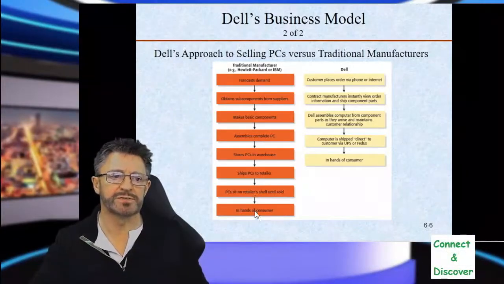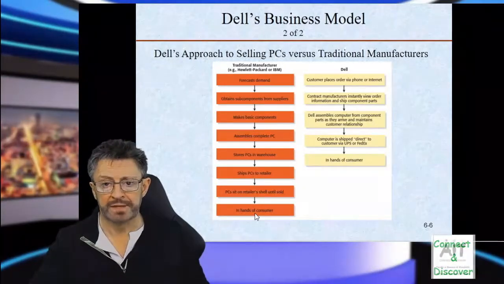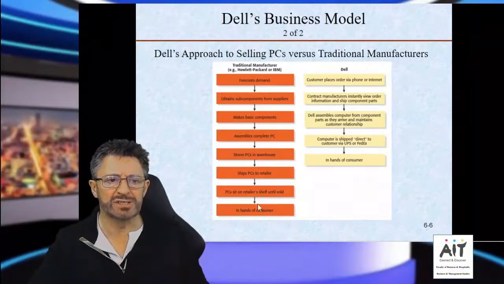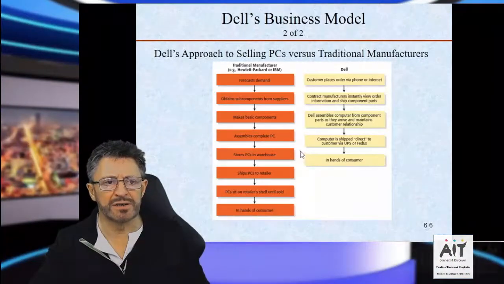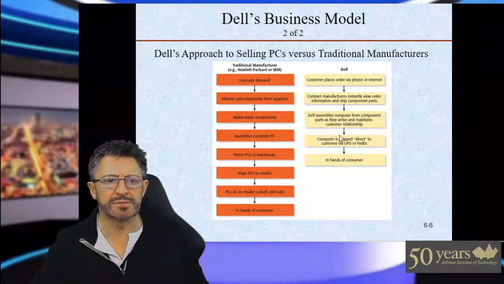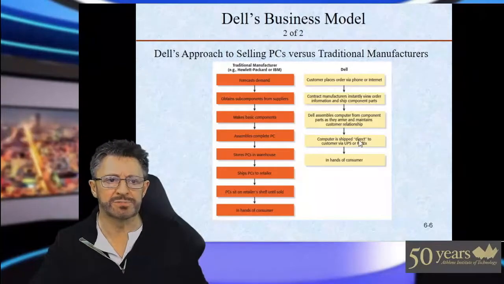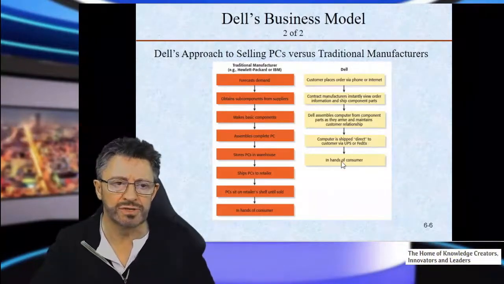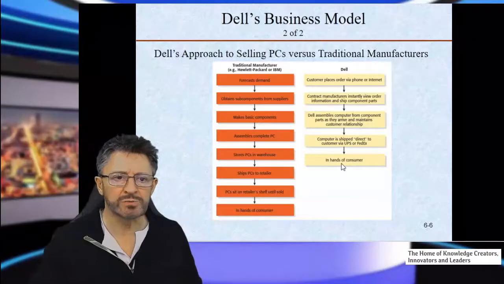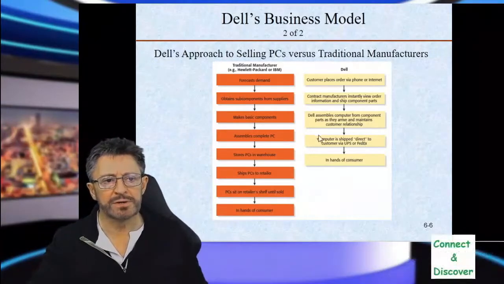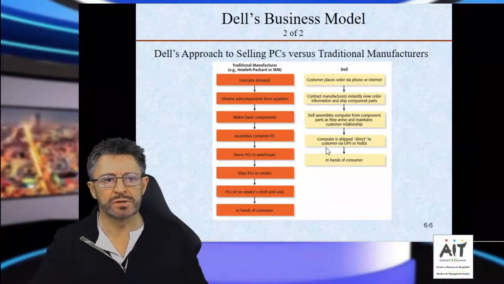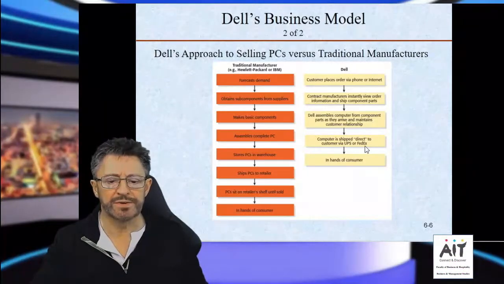Retailers put them on the shelves and then sell them to the consumer. So all these additional steps. So Dell literally cut out all of these things. They assemble the PCs and they ship them direct to the consumer. See this point up here? Computer is shipped direct to customer via UPS or FedEx.